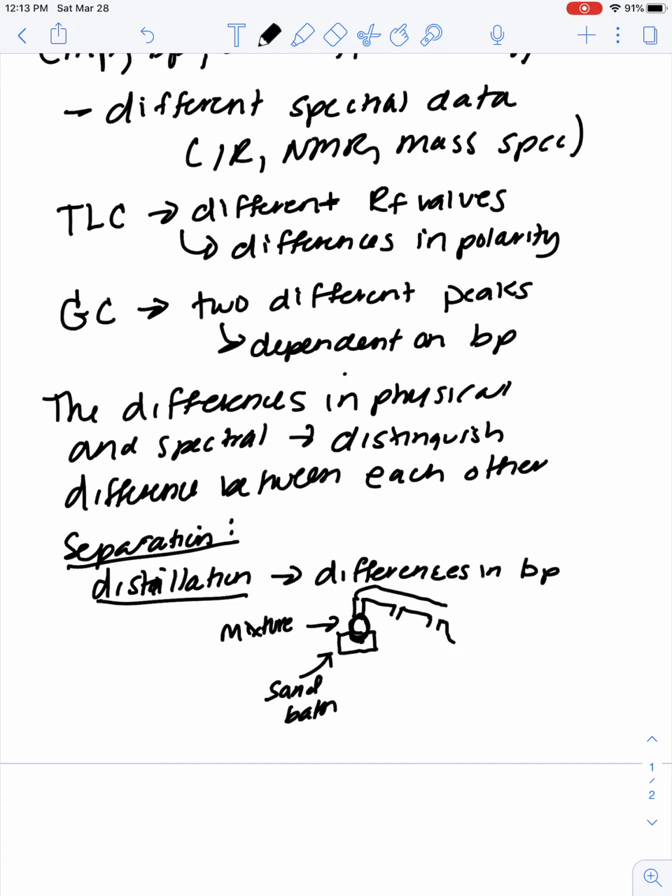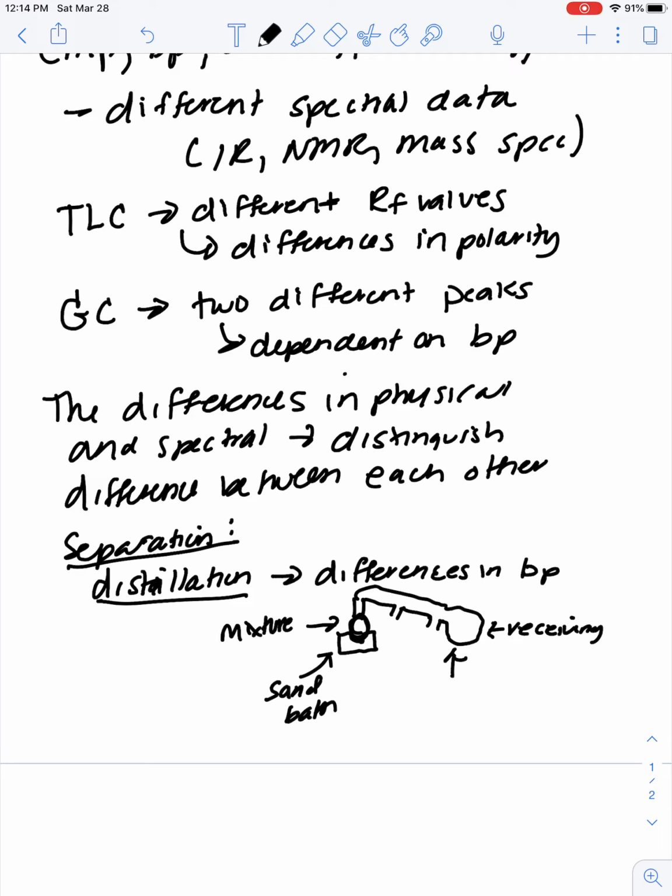And then you'll have a receiving flask over here. So again, you can alter the temperature of the sand bath and you can collect in your receiving flask the diastereomer with the lower boiling point first, and then disconnect that flask, attach a new flask, and collect the diastereomer with a higher boiling point.